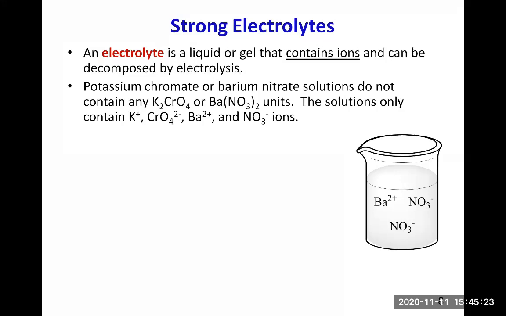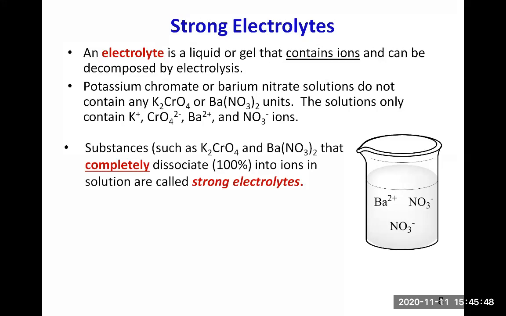They do not contain those units. What they contain is the potassium ion, K+, the chromate ion, CrO4 2-, Ba2+, and the NO3- ions. So it's individual ions that are floating around in the water.